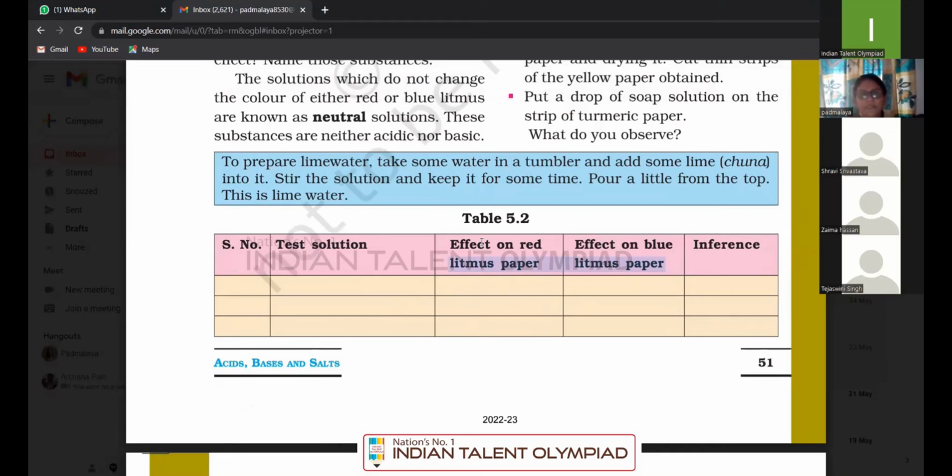You have to complete this activity for yourself, in your school or at home. You can take different solutions made from soap, lemon juice, and tamarind, use litmus paper, and write the inference there. Inference is nothing but the change in color, whether it is acidic or basic.